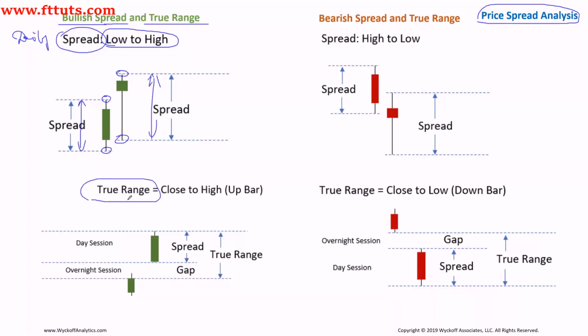The true range occurs when we have a condition of a gap. And therefore, we will be talking that during the overnight session, institutions have traded this stock, and their trading advanced the price further up, and on the open the price was higher than the previous close, and that's what has created that gap.